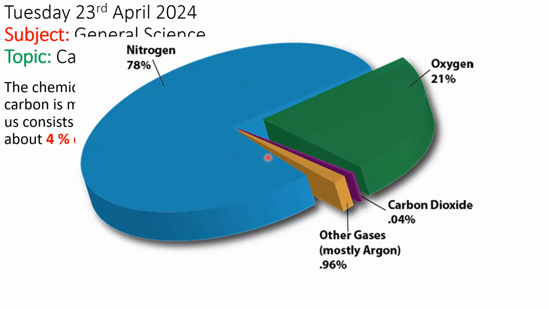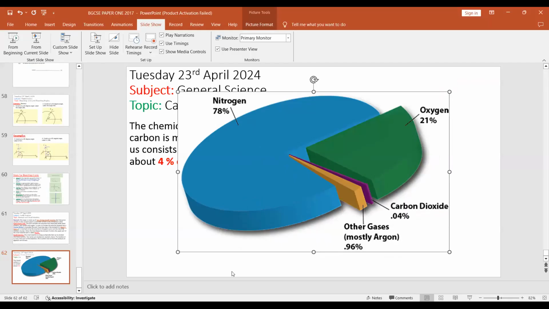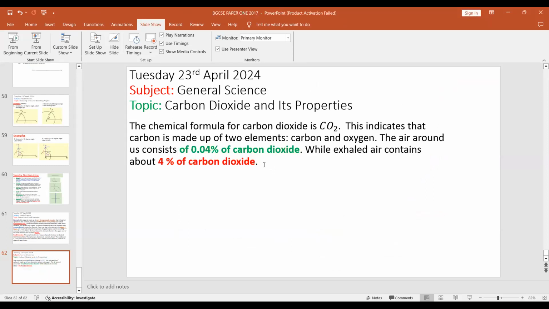The gases in the atmosphere, we call them the atmospheric gases, or we can say the composition of the air around us, right? Air composition. Mostly we have nitrogen, but the air that we breathe in has 0.04% of carbon dioxide, but the air we breathe out has 4%.